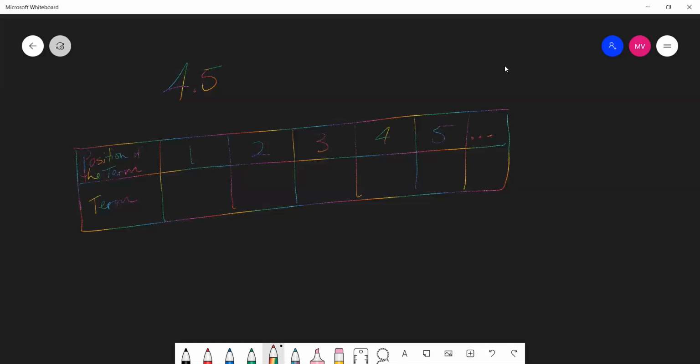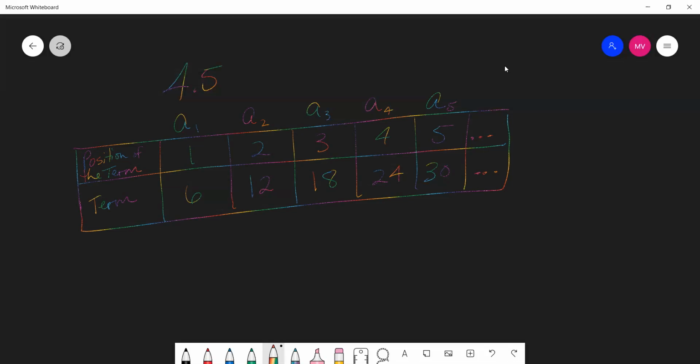And then you have whatever term. So if we started at 6, and we're increasing in multiples of 6: 6, 12, 18, 24, 30, and then to infinity. The position of the term, this is what we call A: that's A1, that's A2, A3, A4. So we represent the position in terms of A with a subscript number.